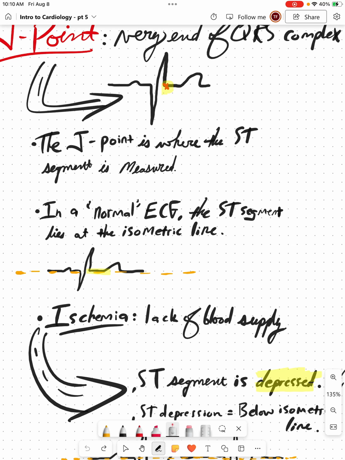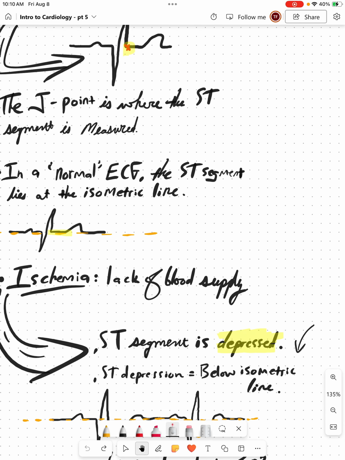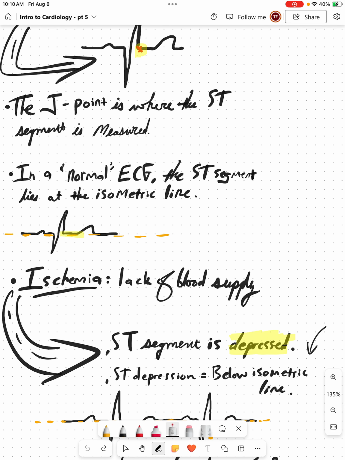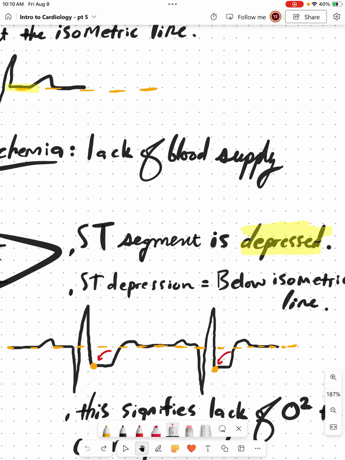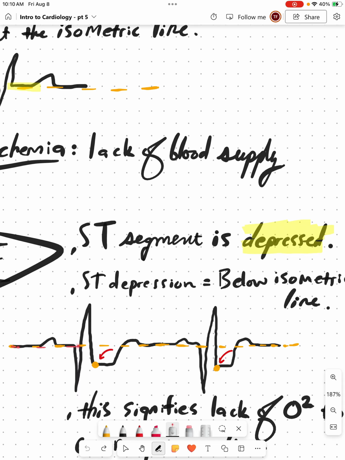Ischemia, which we talked about before, is the lack of blood supply. What that is going to look like is your ST segment is going to be depressed, meaning it is going to be below that isometric line. So here I have a rendition of that. We have our iso line here, and then I have the end of my QRS and the very beginning of my T wave.